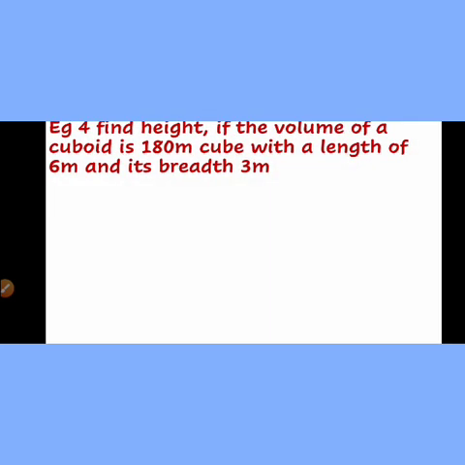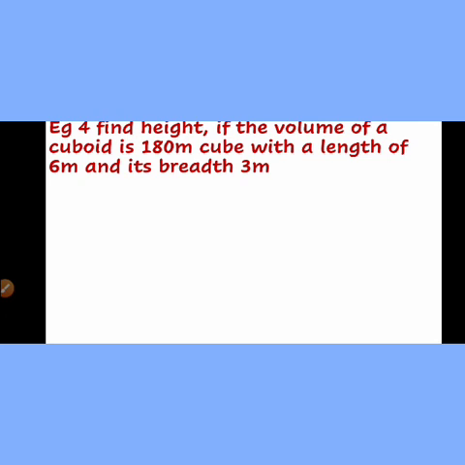Now here it says find height if the volume of a cuboid is 180 meter cube with a length of 6 meter and its breadth 3 meter. Now if you look at the previous example we just solved, we're asked to find the volume of the cuboid.